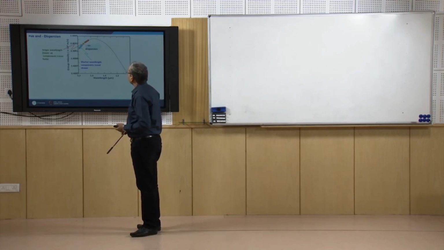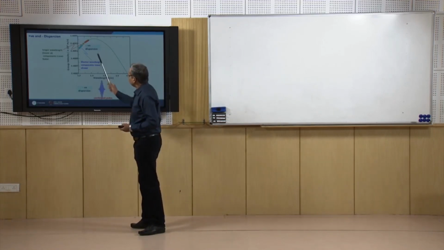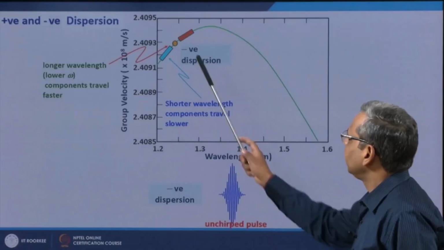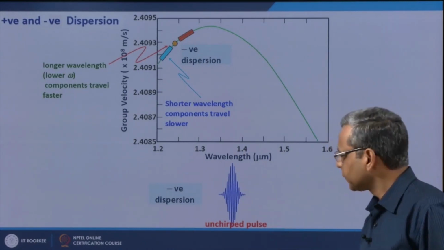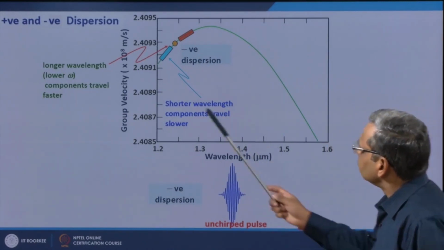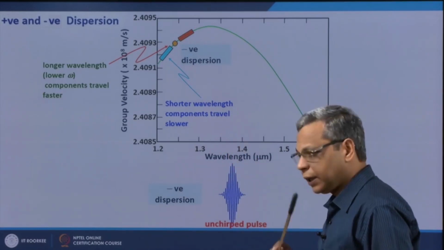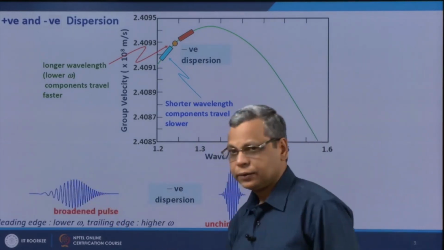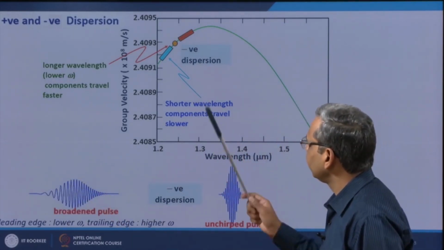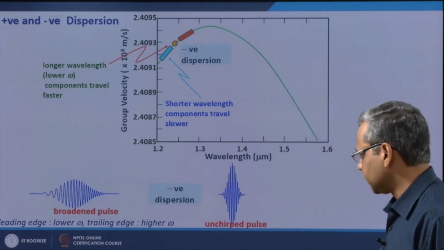So, if I launch a pulse at this center wavelength, and this is an unchirped pulse, then the fiber at this wavelength gives negative dispersion and the pulse broadens, because the shorter wavelength components travel slower than longer wavelength components.